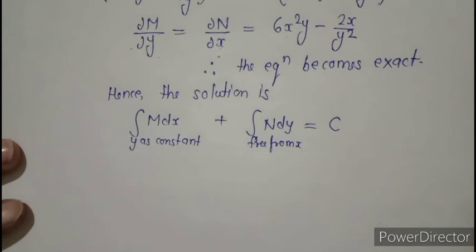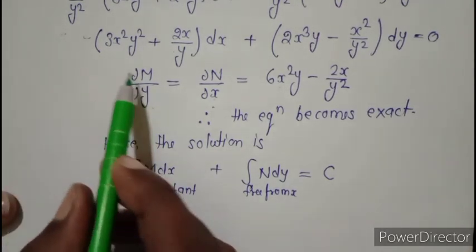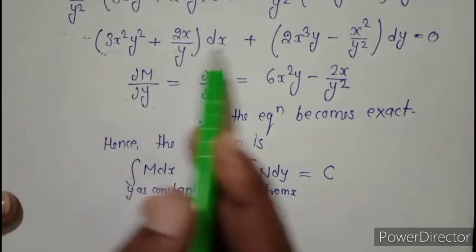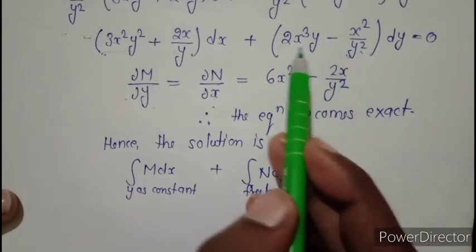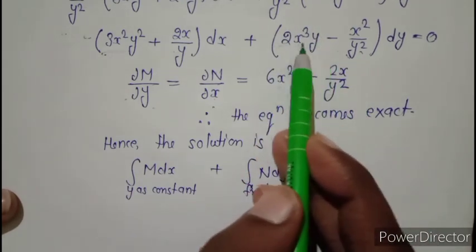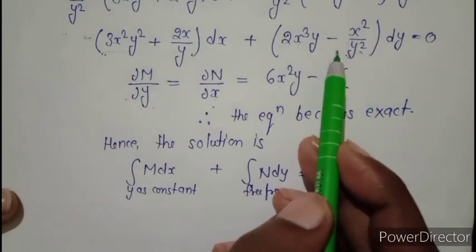So we will put the value of M and N here. I want to show you that we have to treat y as constant in this case, and we have to remove all those terms which contain x. So you can see in N this term also contains x and this term also contains x.